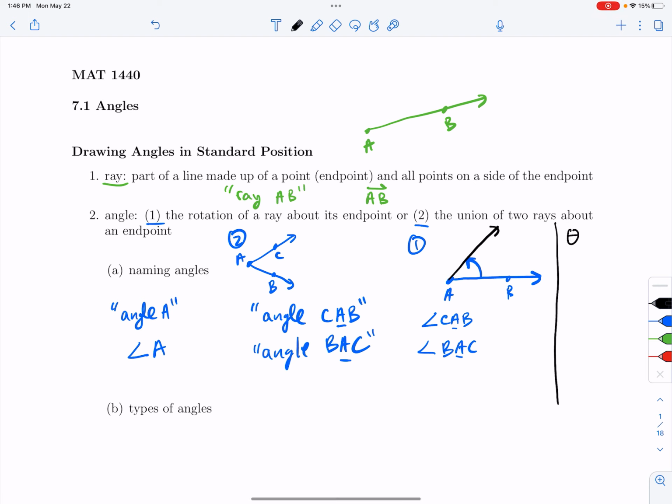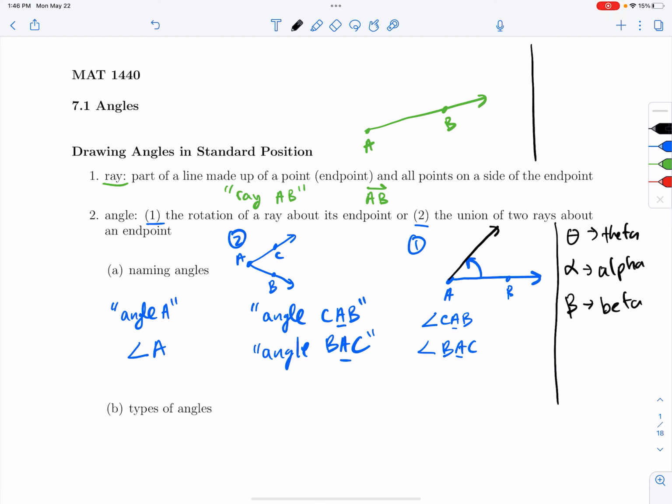So here's some Greek letters: theta, alpha, and beta. I could put that angle theta if I was running out of space here, but let's say I have this angle. I put the Greek letter inside the angle like that. So angle theta is there.